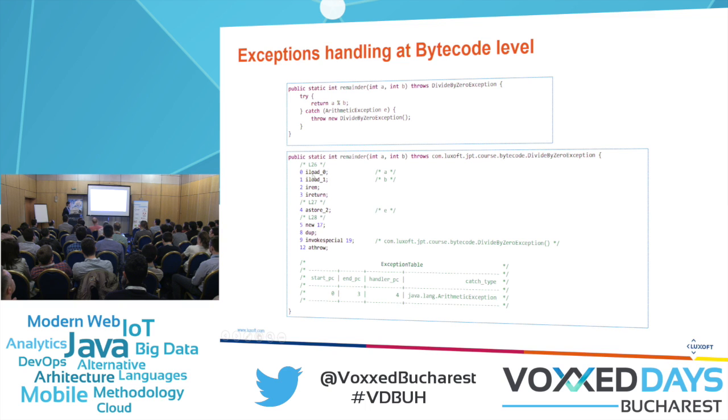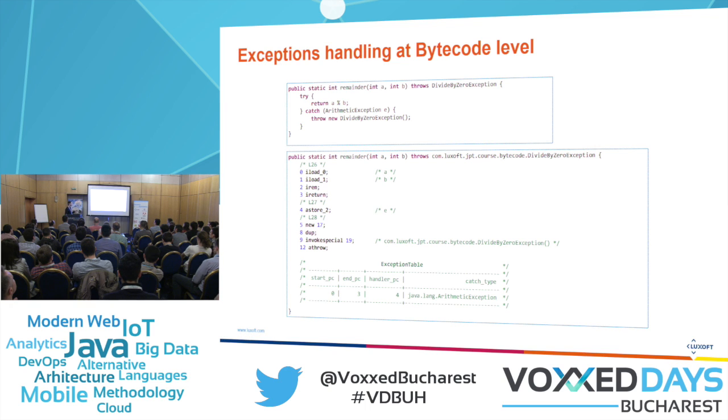If we take a look over the bytecode, these PCs are in fact indexes into the code array. Any exception occurring between 0 and 2, I have to check, and if it is of type arithmetic exception, I have to continue with the fourth, because here is my handler defined.